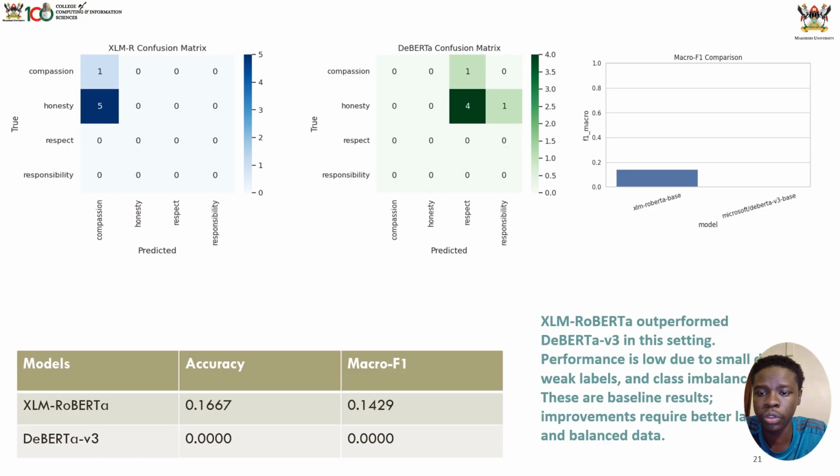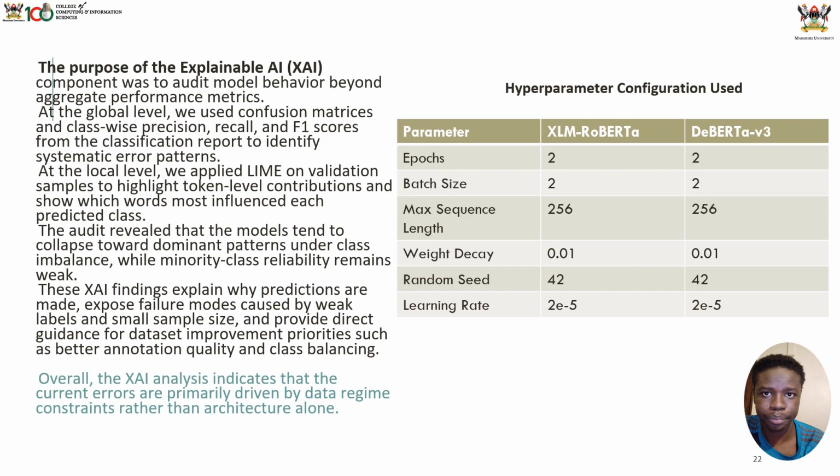DeBERTa V3 got 0.00 for both. So XLM Roberta performed better than DeBERTa V3 in this experiment. These are baseline results. To improve them, you need better data, labeling, and more balanced classes.